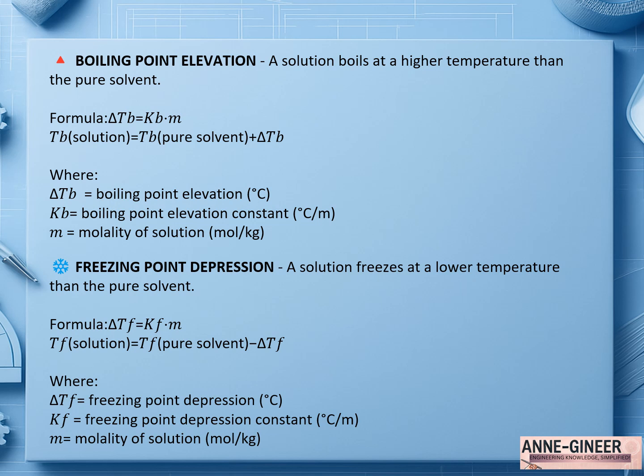Okay, so the freezing point depression is when a solution freezes at a lower temperature than the pure solvent. The formula is delta TF is equal to KF times m, wherein delta TF is the freezing point depression, which is in degrees Celsius, KF is the freezing point depression constant, which is in degrees Celsius per m, and m is the molality of the solution.